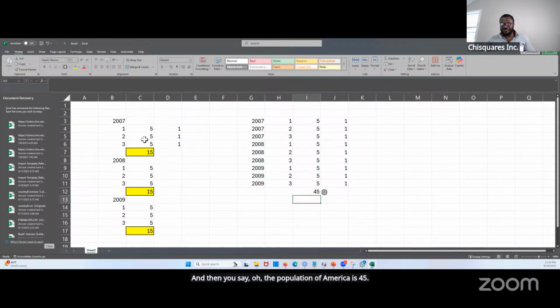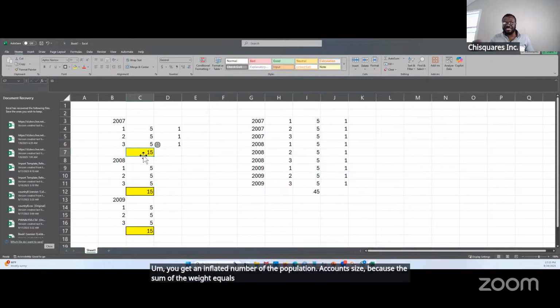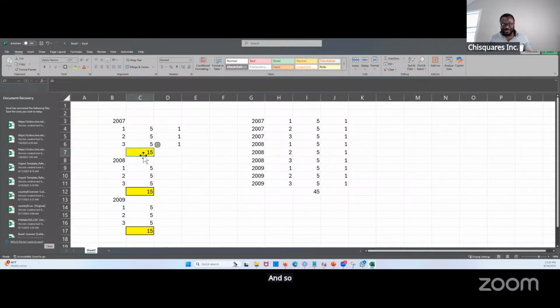But no, it's not 45, it's 15, right? And so that's the danger that comes from pooling data. You get an inflated population count because the sum of the weight equals that population size. And so the solution to this is that when you pool data like this, you have to rescale the weight.